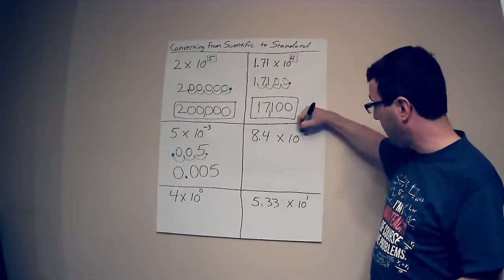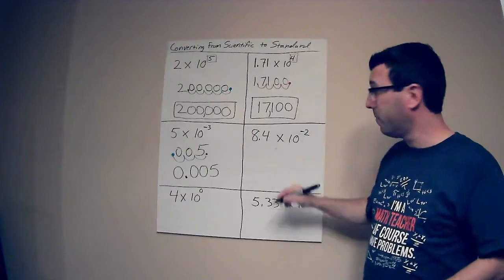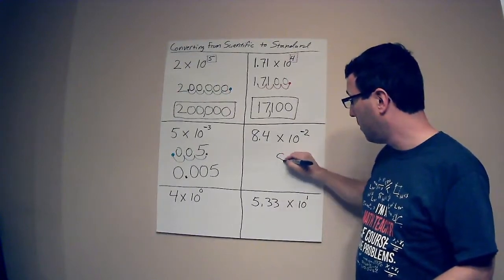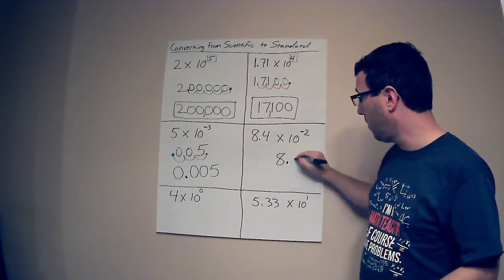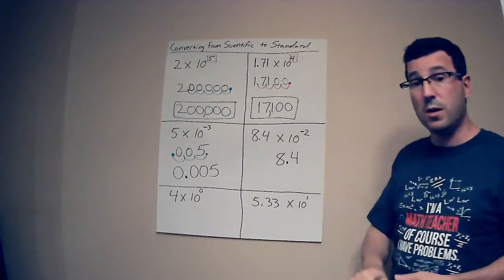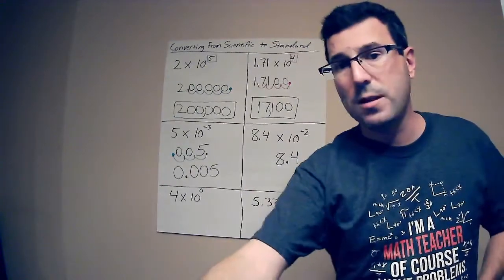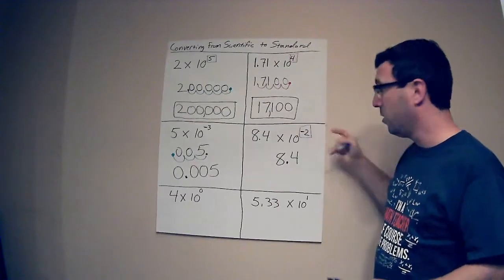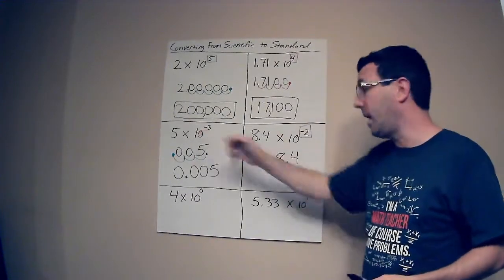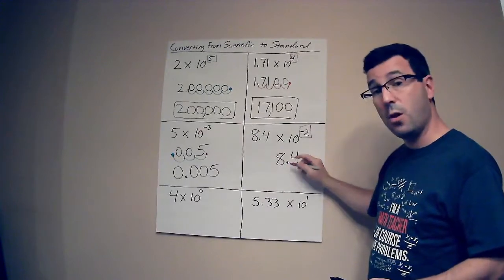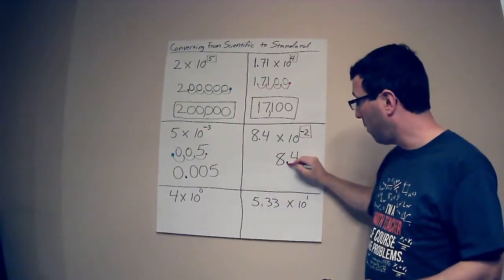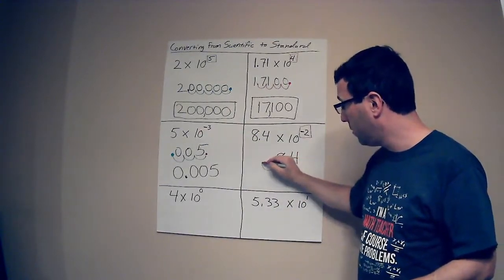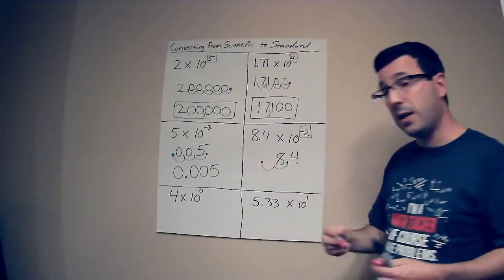Okay, we'll do this one. 8.4 times 10 to the negative 2. Again, write the number between 1 and 10. The decimal's already there. We need to move it 2 times to the left. So we're going that way. 1, 2 places.